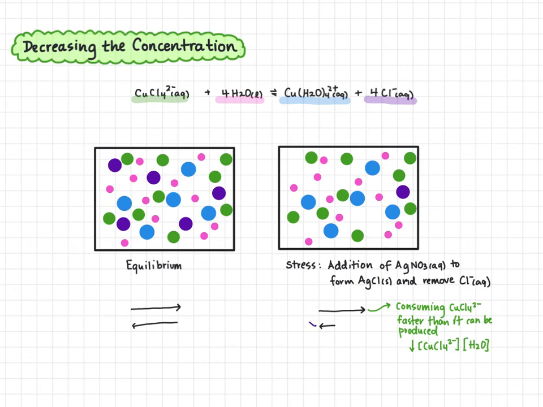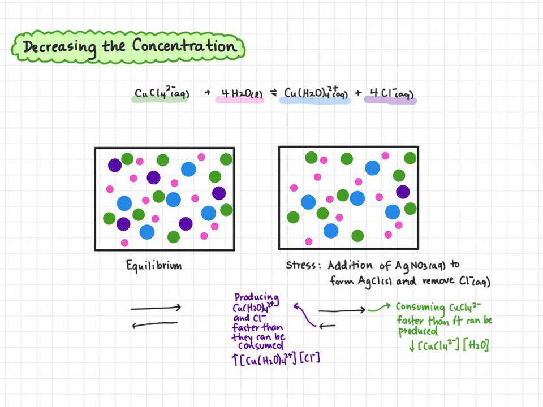In our reverse reaction, we are going to be producing chloride faster than we can consume it. Similarly, we'll be producing the copper hydrate faster than we can consume it. This is going to lead to an increase in the concentration of both of our products, our copper hydrate complex and our chloride ions.